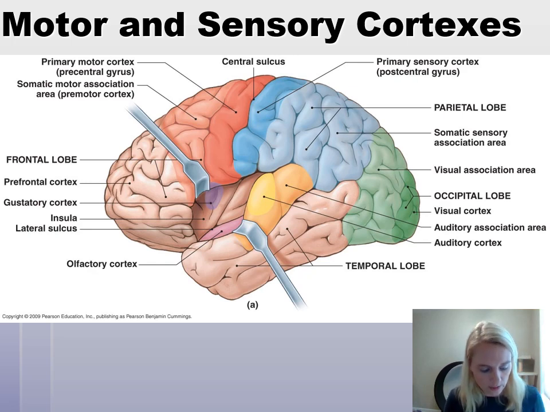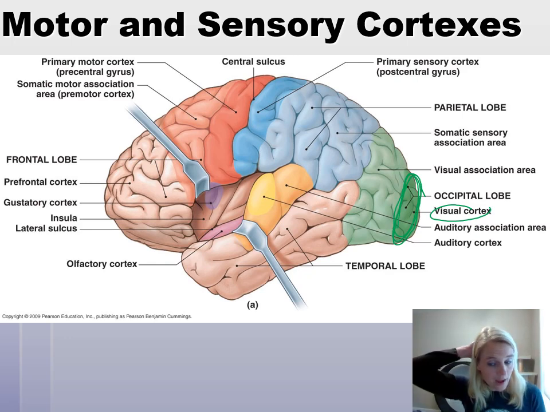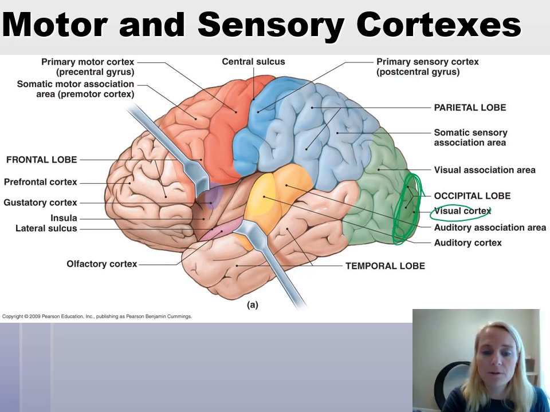So I'm going to go through these major cortexes. The dark green right here is your visual cortex. Your visual information goes all the way to the very back of your occipital lobe. Then we have our auditory cortex, this yellow area, in your temporal lobe.